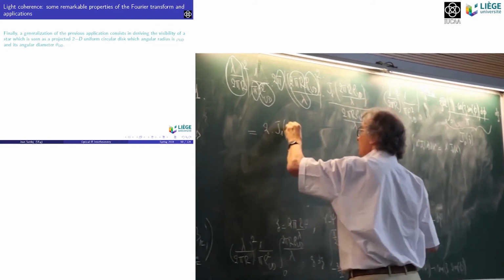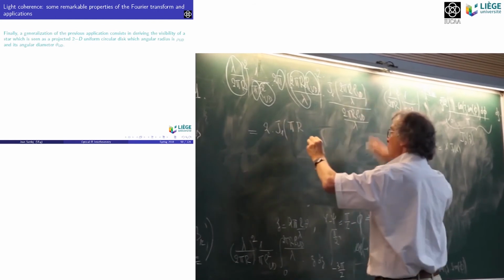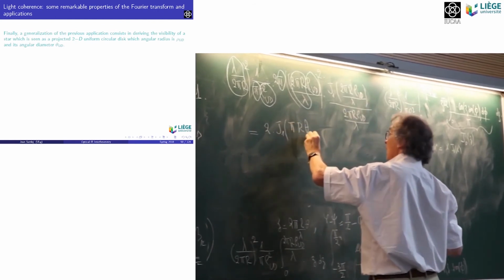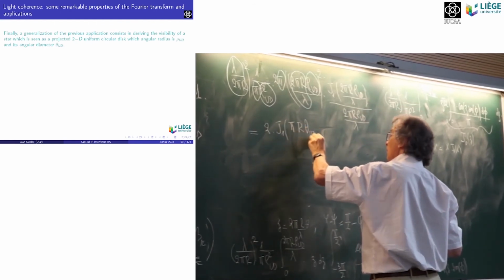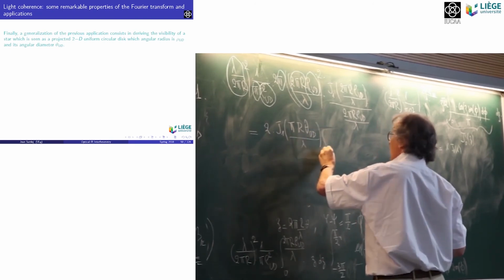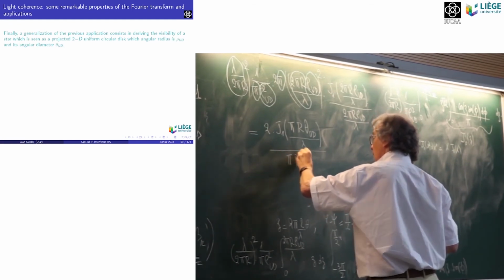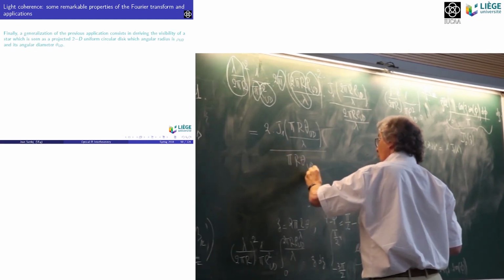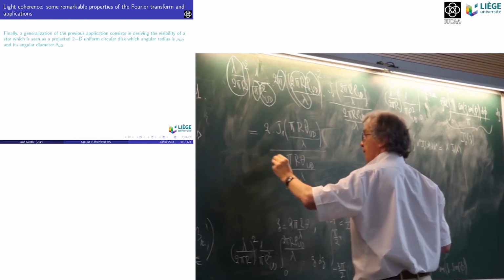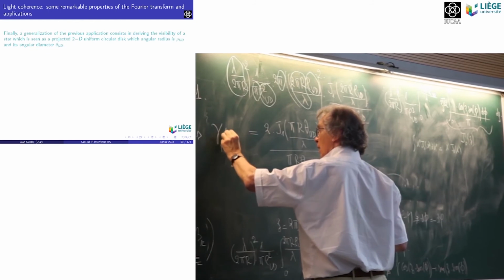Now I can write it pi times r, and instead of the radius, I put the angular diameter of the uniform disk over lambda, divided by pi r theta_ud over lambda. And this is the gamma 1,2 for the uniform disk.